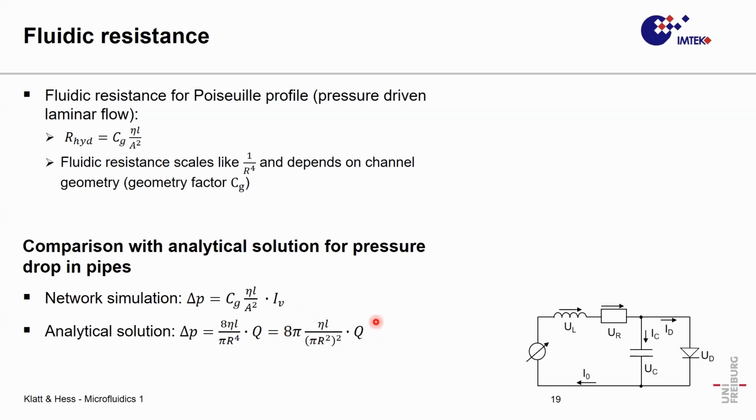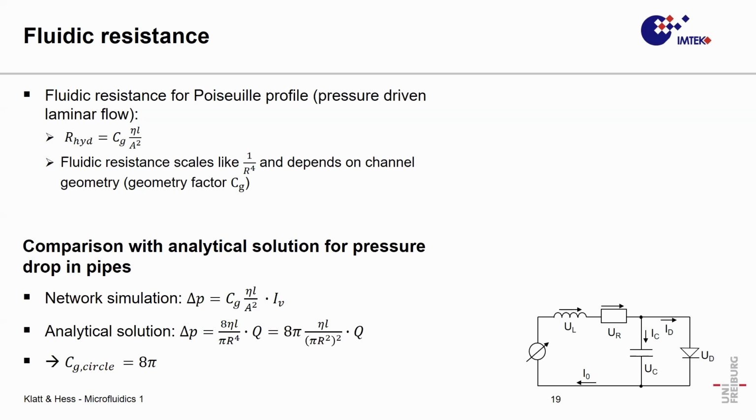So this is the pressure drop in a pipe when you solve the Navier-Stokes equation for laminar flow. And if you compare those two expressions, you can immediately see that the geometry factor for a circle is 8π. And of course, this changes if you have rectangular channels or other channels.